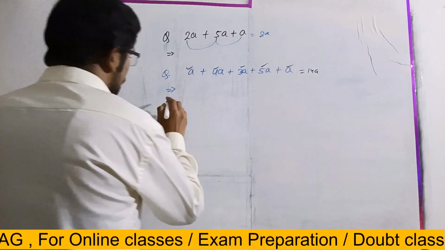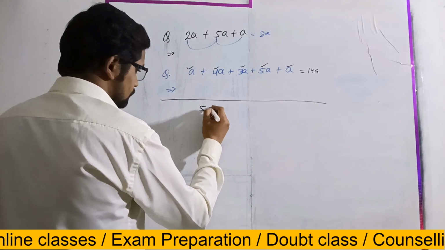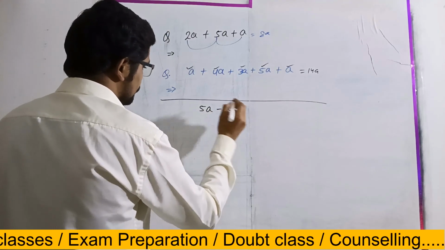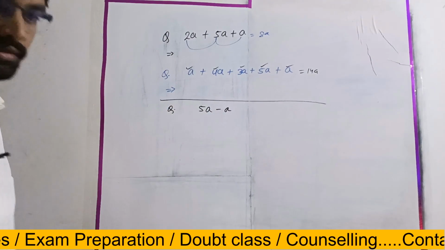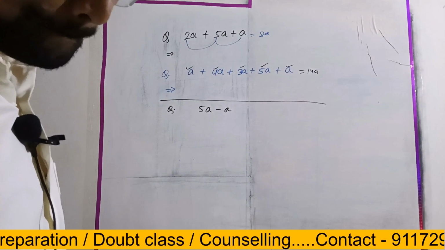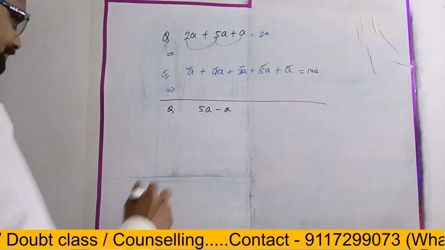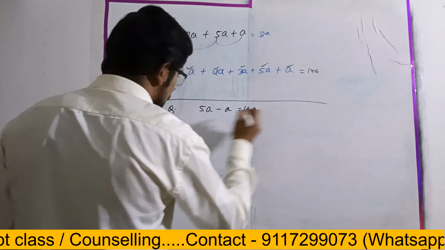Now let's see subtraction. 5a minus a, it's too simple. 4a, okay, good.